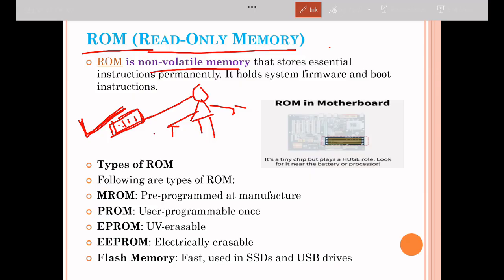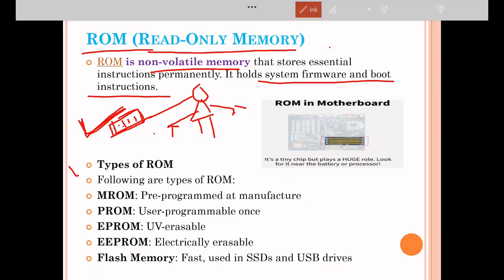It is also very important: it holds the system firmware, just like a security guard, and boot instructions. Once you open your system, you see some green signals, and after that the operating system will load. Before the operating system, something is working, the code. That is ROM actually.